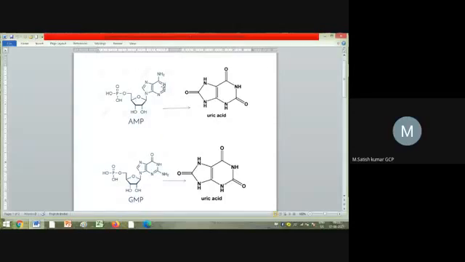If you see the structure of AMP and GMP, these are nucleotides. As we have already discussed, nucleotides contain three important components. This is the nitrogenous base, this is a 5 carbon ribose sugar, and the next one is the phosphate molecule.